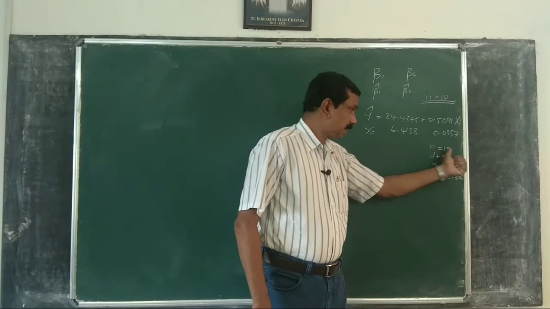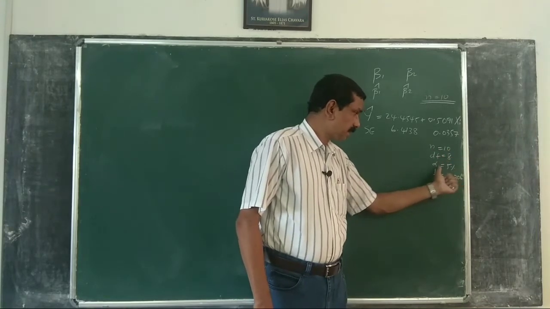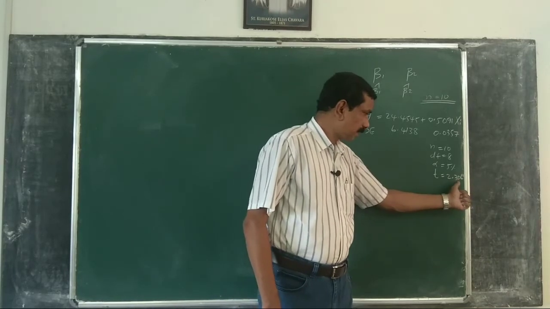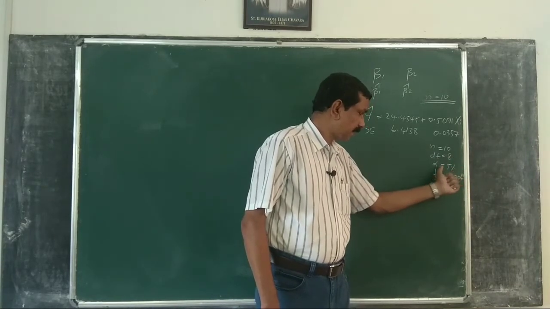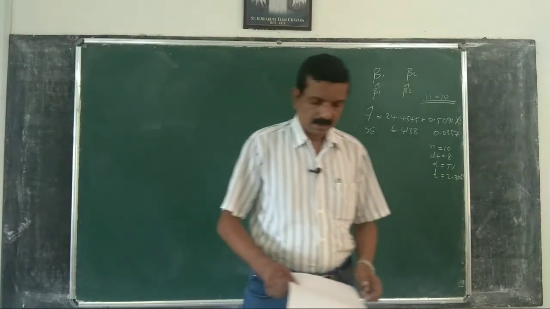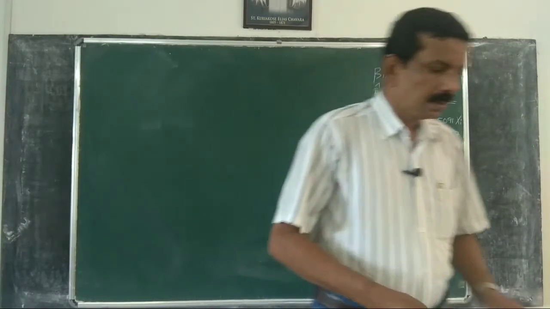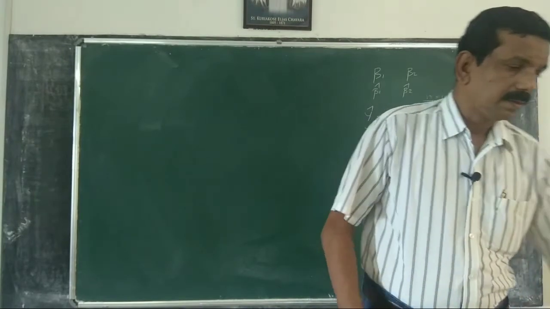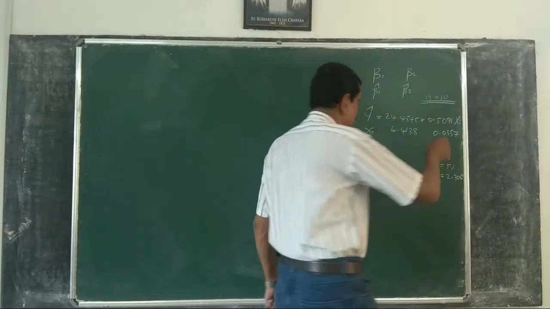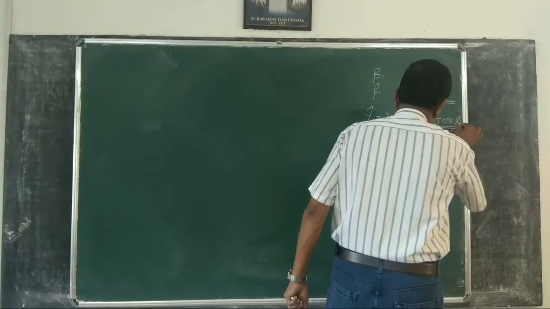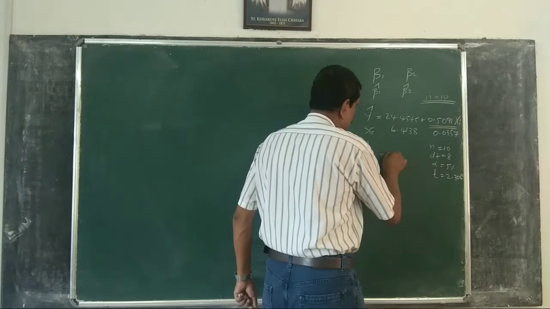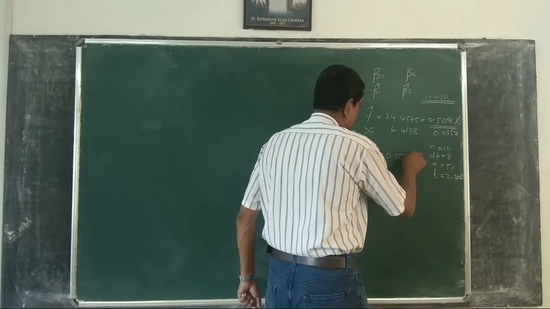So N is 10, degrees of freedom is 8, alpha is fixed at 5%, critical t value for 8 degrees of freedom and 5% level of significance is 2.306. Now let us see the confidence interval approach. First, we explain this with respect to the slope only, beta 2 hat equal to 0.5091.